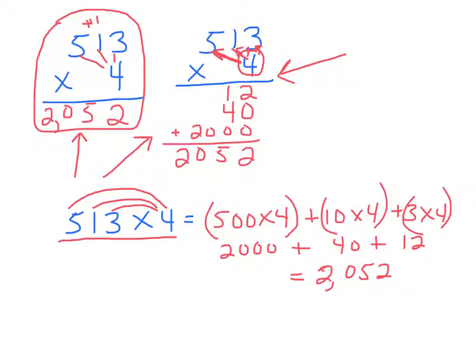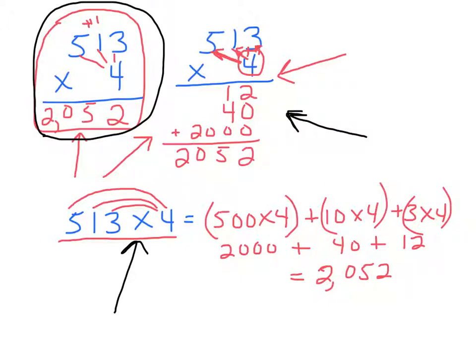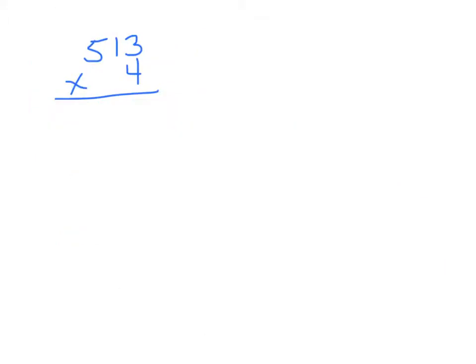So many people ask me at this particular point, why in the world would I choose to do it one of these two ways rather than this traditional algorithm way? Perhaps one of the reasons why I would choose to use the distributive property over the traditional algorithm is because I can do it quickly in my head without writing anything down on a piece of paper.